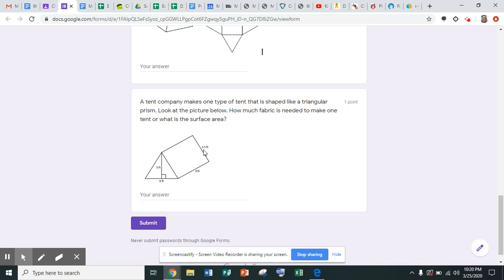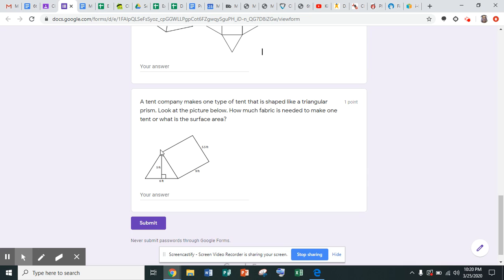This rectangle is the same as the rectangle over on that side. Then you have the base rectangle, the bottom rectangle, with a width of 6 and a length of 9. So there are 2 triangles, 2 rectangles on the sides, and then a rectangle on the bottom.